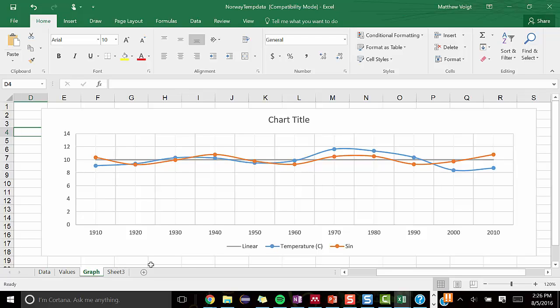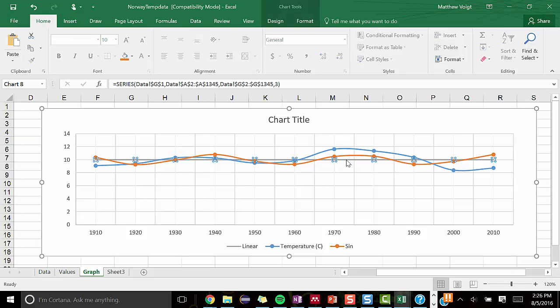Well, that's a tough question. How would we determine which equation is a better fit? How would I determine which one is better predicting the changes in temperature? So it looks like maybe the sinusoidal takes in some of the fluctuations every 9 years, so maybe that's a better fit.